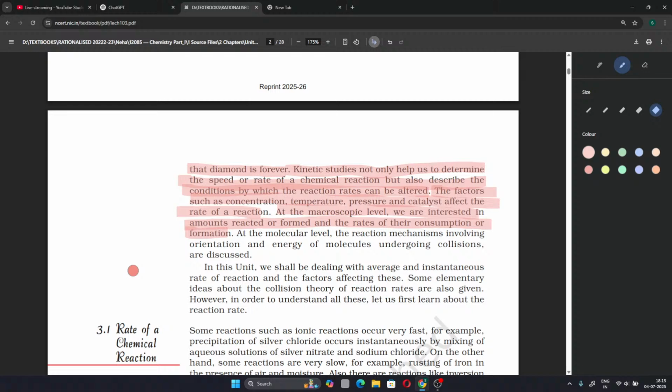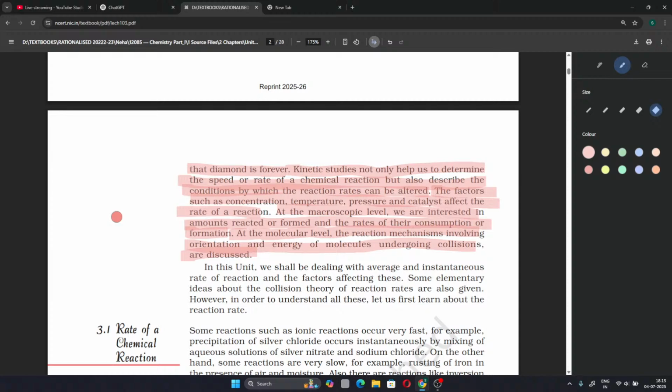And at the microscopic or molecular level, the reaction mechanism involves orientation of energetic molecules undergoing collisions. At the macroscopic level, we only know that reactant is getting consumed and product is forming. When we look at the molecular level, we see the arrangement of molecules and the collision of molecules, which is the reason for product formation.